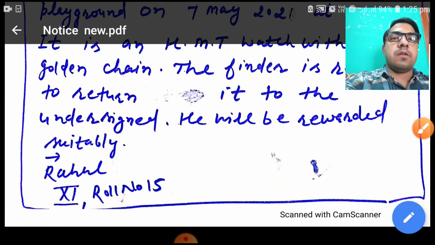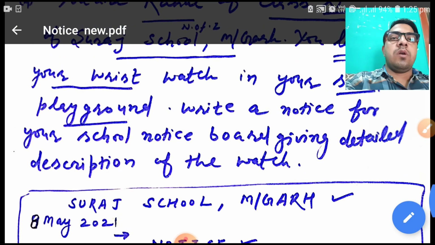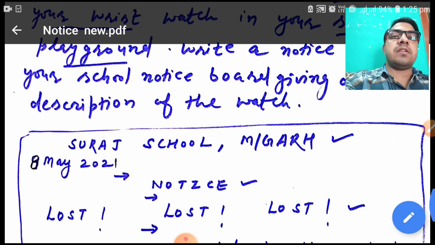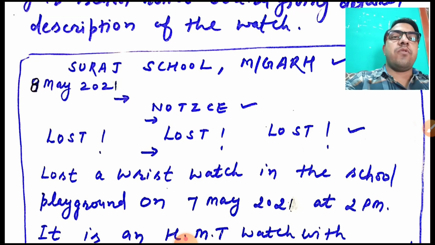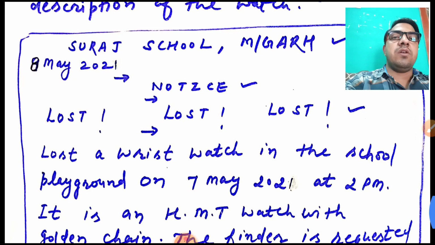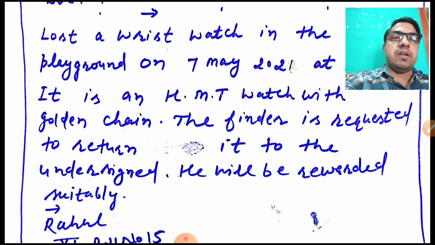In this example of notice writing, I have told you all the relevant characteristics of notice writing. First of all, we should start the notice from the name of the institution. After that, we should write the date. After that, we should mention the word notice, then the title, then the content.